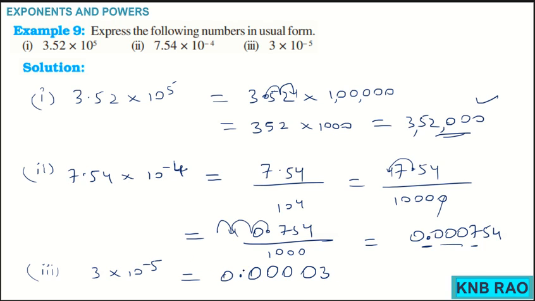If you want to cross check, you can check 1, 2, 3, 4, 5. 5 times it has shifted, so minus 5 has come. So this is how we do it. Even when there is a negative power, it is easy to identify how many zeros will be there between the decimal point and the non-zero digit.